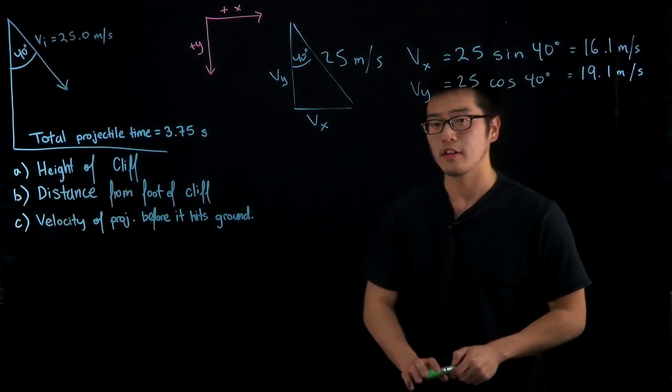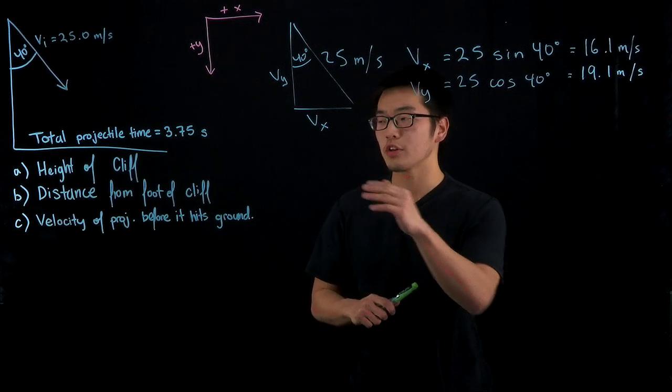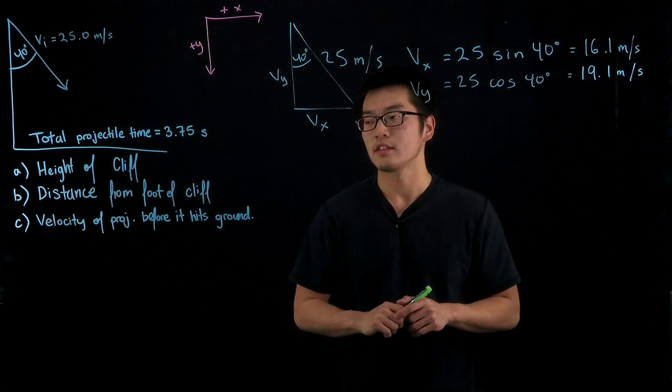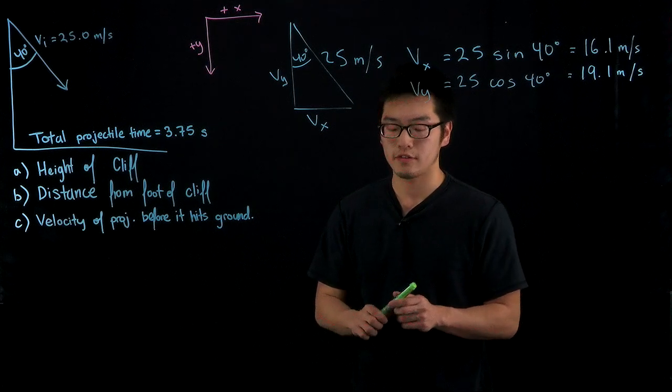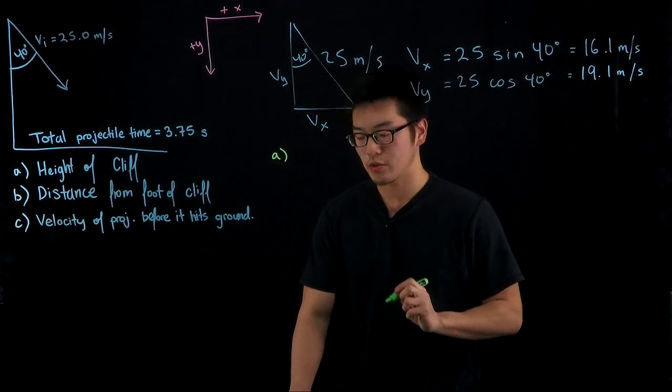Fantastic. Now, with both the initial velocity in the y and x direction, we could do the first two calculations for the height of the cliff and where the projectile lands with relation to the foot of the cliff. To answer part A, we could use a kinematic equation.